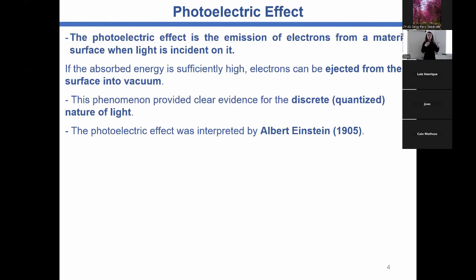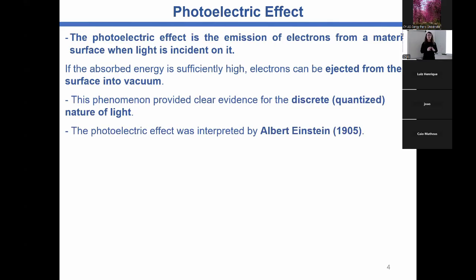So depending on the characteristics or features of the light, we have different behavior of the electrons that are ejected from the matter. For example, the energy of the ejected electrons will be the same at different light intensities or light colors.